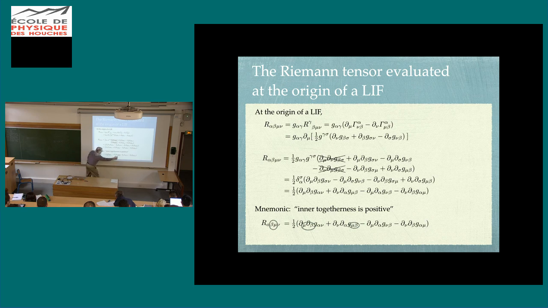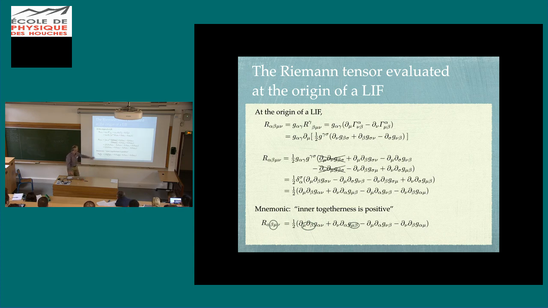And in the two positive terms, those are together in either the derivatives or the metric indices. And in the negative terms, those two indices are split up. So splitting up those inner indices is negative.